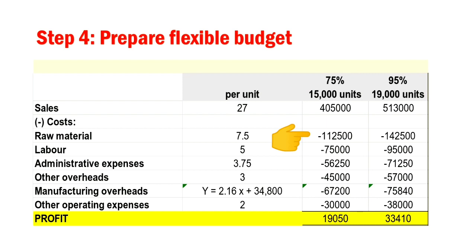So in order to get profit, you take 405,000 sales minus all the costs. You'll get 19,000. Similarly, you will do for 95%. You'll get 33,400.